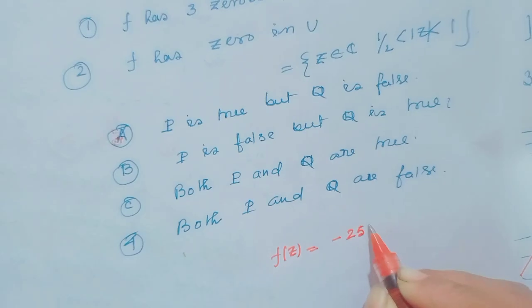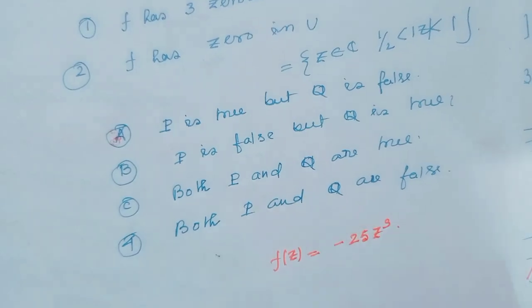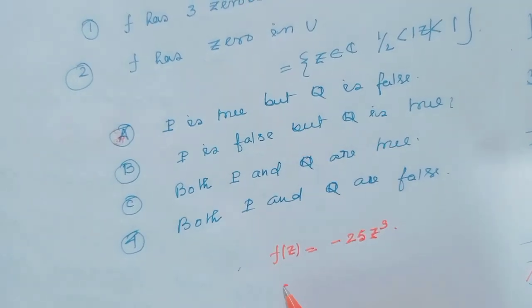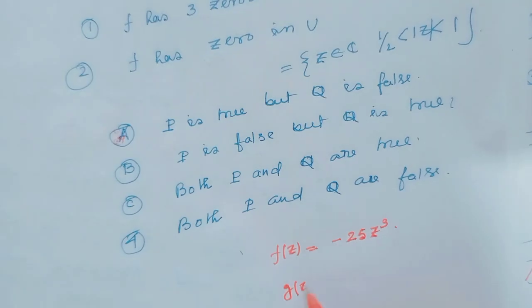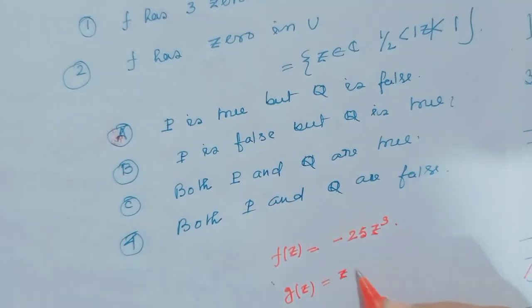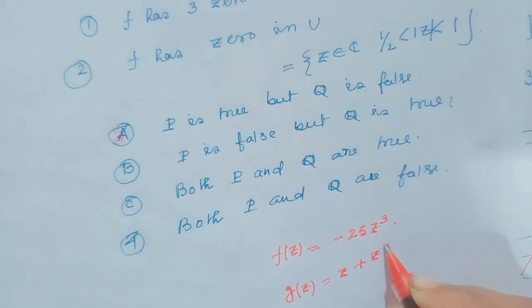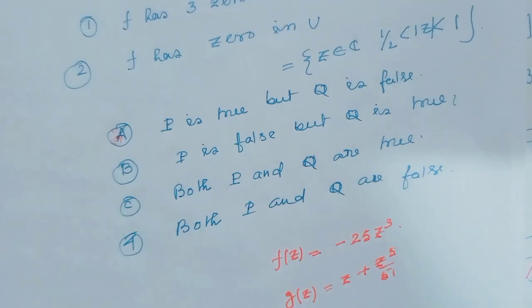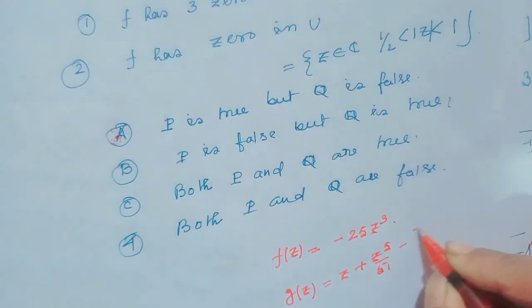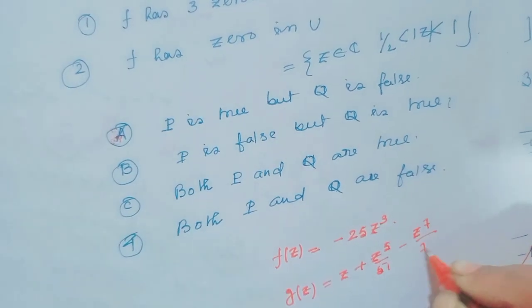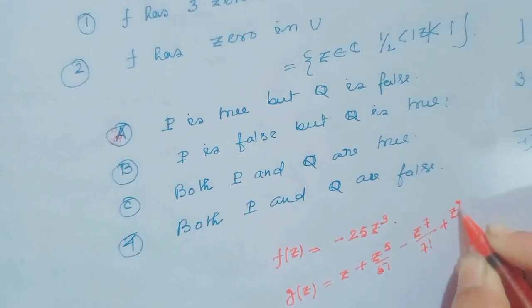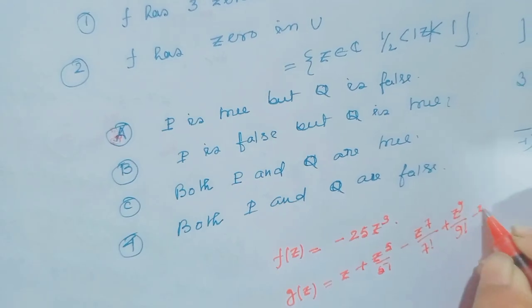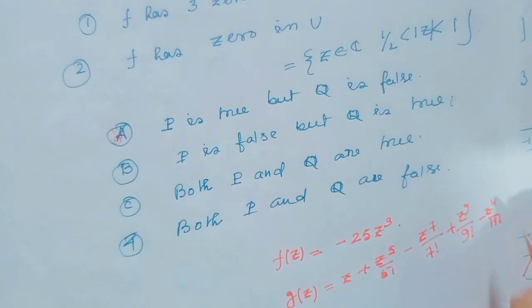Therefore, f(z) equals minus 25z cube and g(z) equals z plus z to the power 5 over 5 factorial minus z to the power 7 over 7 factorial plus z to the power 9 over 9 factorial minus z to the power 11 over 11 factorial.